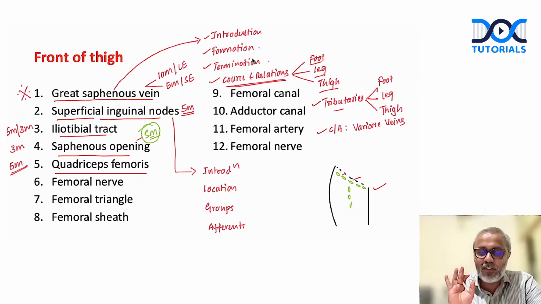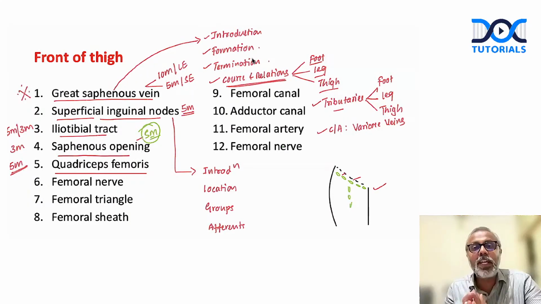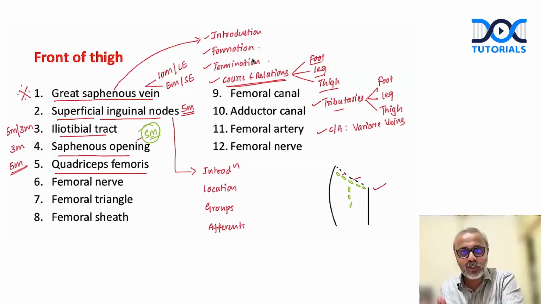Since it's a 5-marker, describe briefly the origin of the vastus medialis, intermedius, lateralis, also the rectus femoris. This is how we need to describe the quadriceps femoris. Briefly discuss the attachments, talk about the nerve supply, and then the actions.